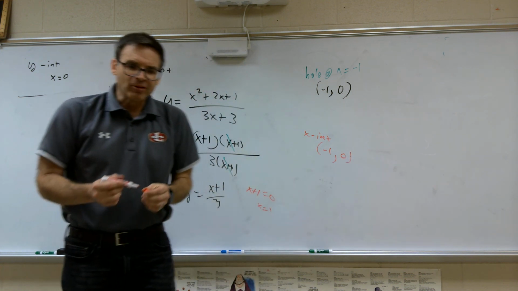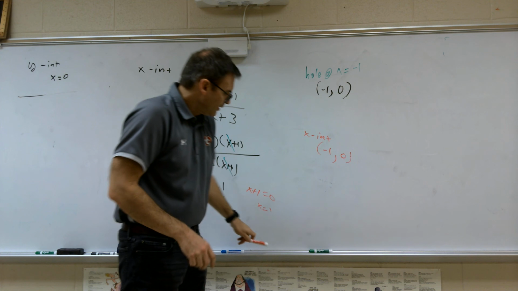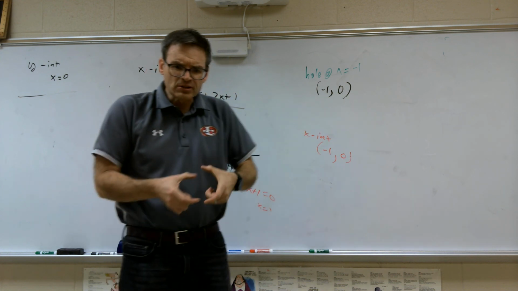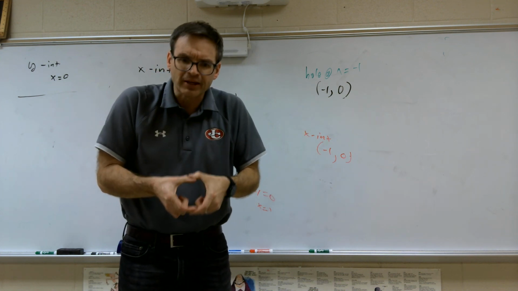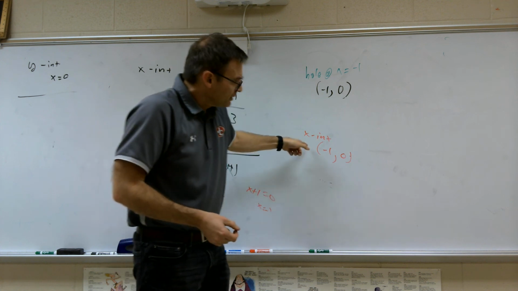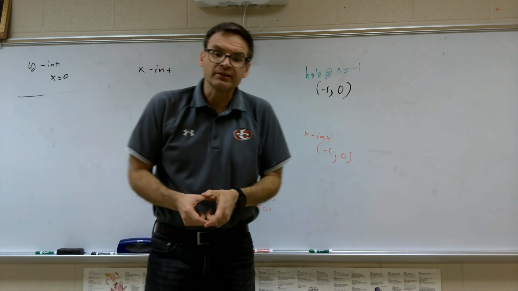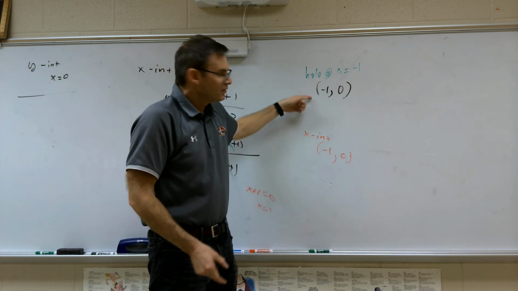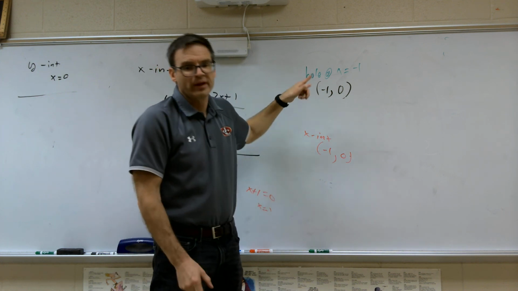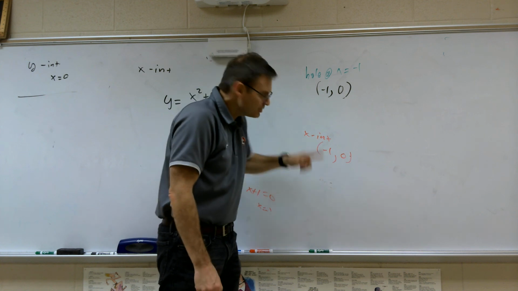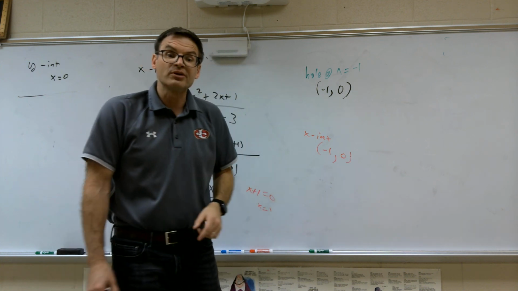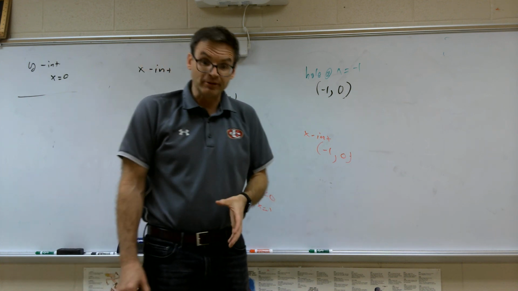And now I have a problem. A hole means there's a hole. There's not a dot there, there's a hole. But an x-intercept is a dot. And I have a conflict because the first thing says I have a hole at negative 1, 0, and the x-intercept says I have a dot at negative 1, 0, and they both can't happen.